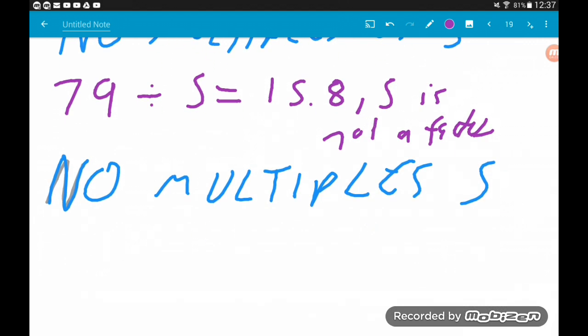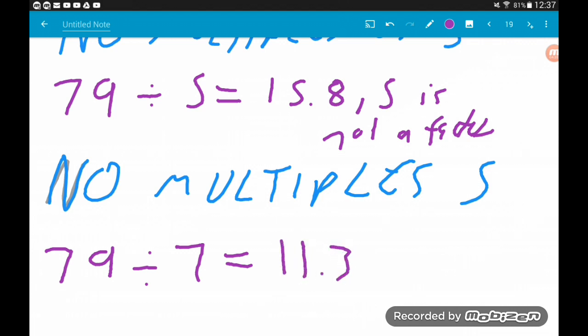So if we do 79 divided by 7, we get 11.3 if we go to 1 decimal place. So, you guessed it, 7 is not a factor.